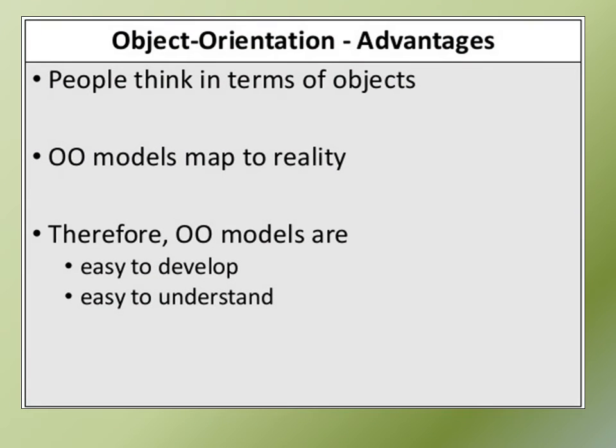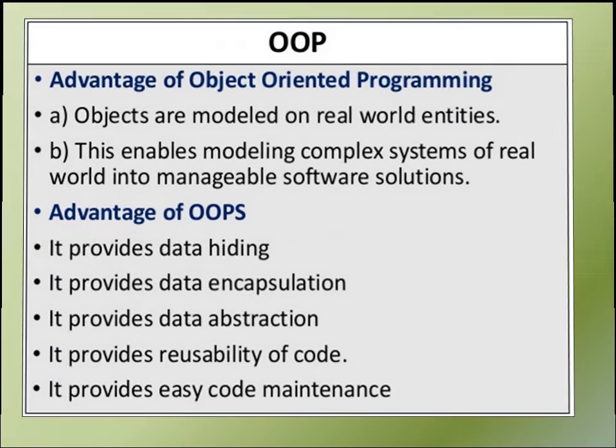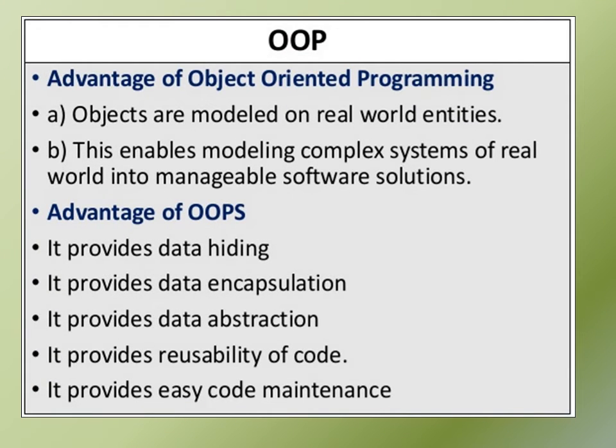See, the advantages of object orientation. First, people think in terms of objects. So when we are going to think about the program, we consider the objects. Object-oriented models map to reality. Therefore, object-oriented models are easy to develop and easy to understand. There are some advantages of object-oriented programming. Objects are modeled on real world entities.